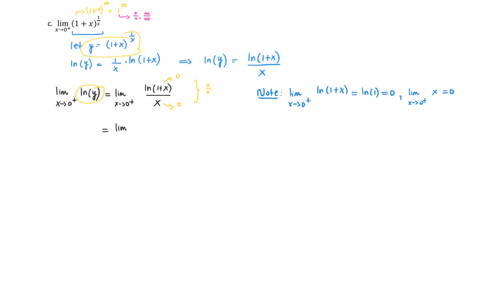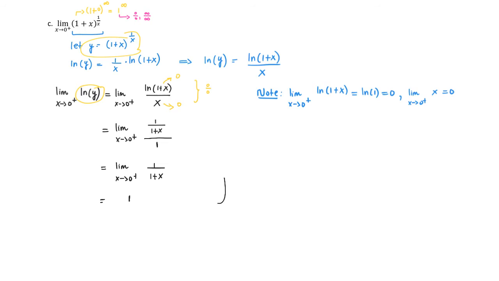This will be equal to the limit as x approaches 0 from the right. The derivative of the top is going to be equal to 1 over 1 plus x times the derivative of 1 plus x using chain rule, which is just the same expression, divided by the derivative of x, which is equal to 1. So this will be equal to the limit as x approaches 0 from the right of 1 over 1 plus x, which is going to give me 1 over 1, which is just equal to 1.